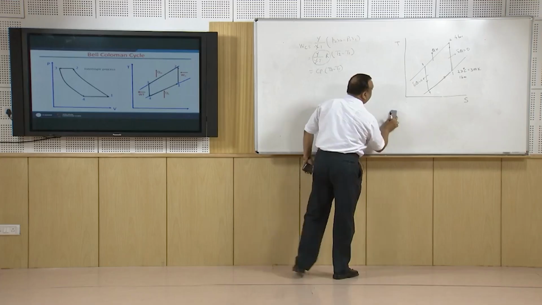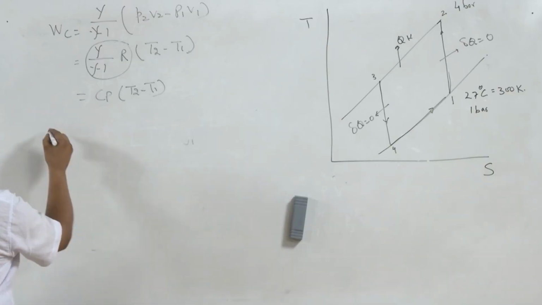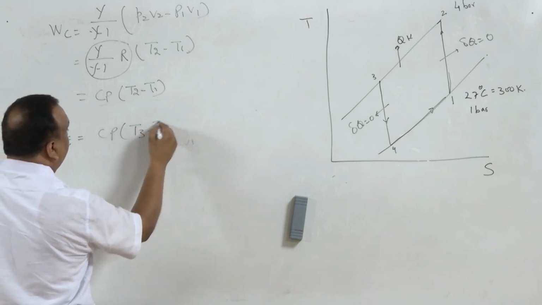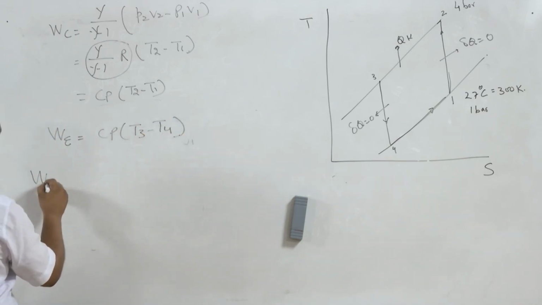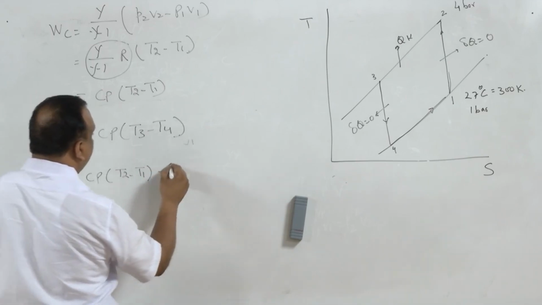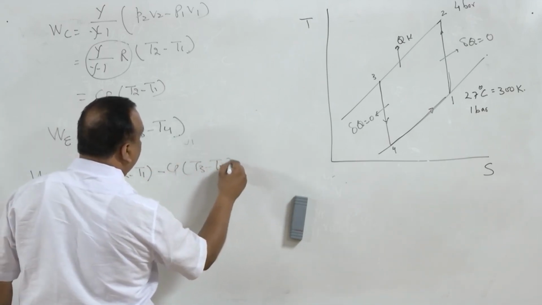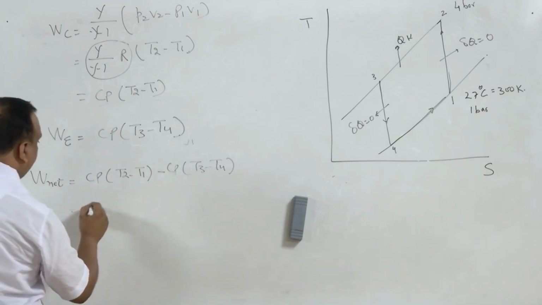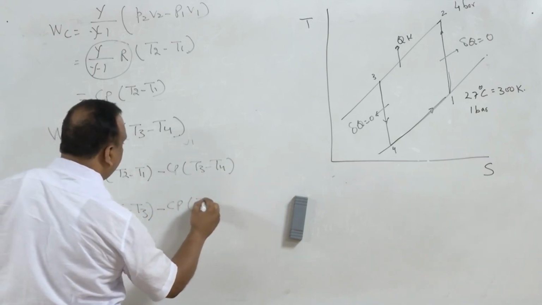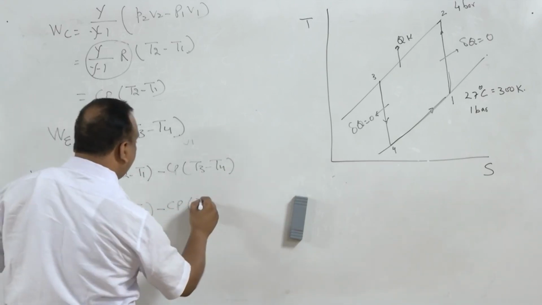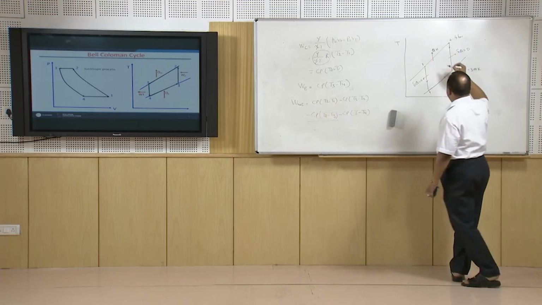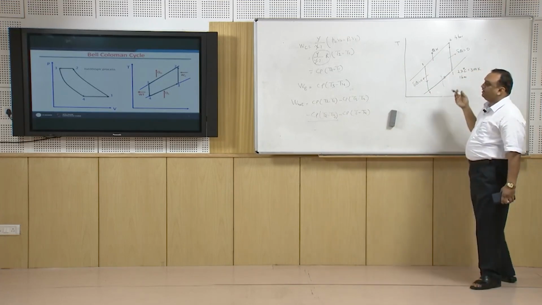Similarly, we can find the work output during process 3 to 4, that is, the work of the turbine or expander, which is equal to Cp (T3 minus T4), and the net work is Cp (T2 minus T1) minus Cp (T3 minus T4), or Cp (T2 minus T3) minus Cp (T1 minus T4), or heat rejected and heat taken in this process, or the cyclic integral of heat transfer.